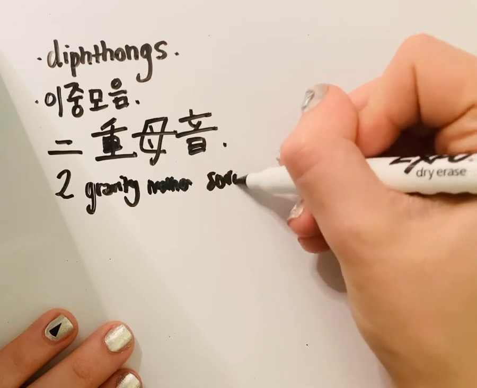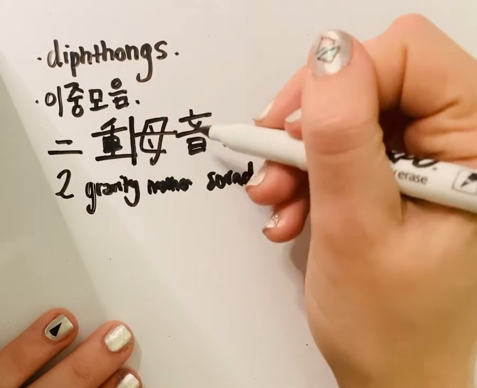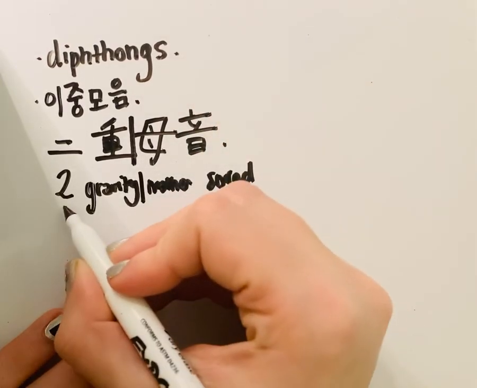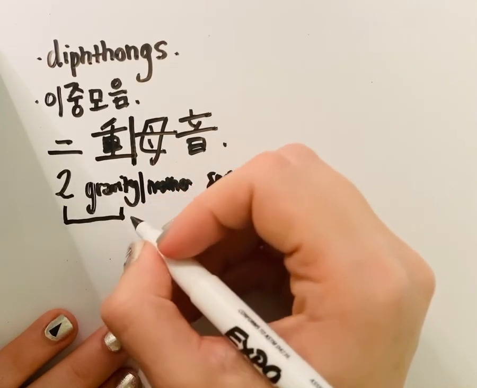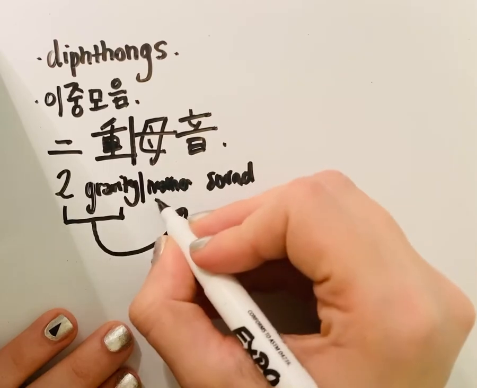It means sound. And so these are actually two nouns in and of themselves. So what we can see here is we have two sounds, because that's the context, and they hold equal weight, have equal gravity, and we're bringing them together to create a new mother sound.